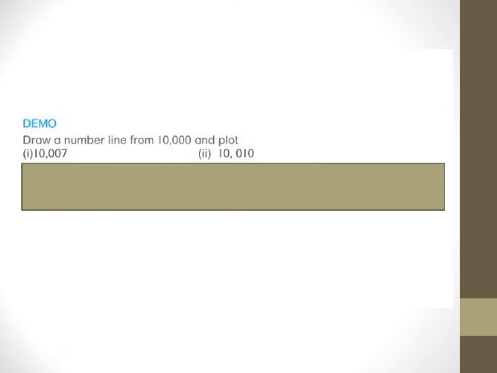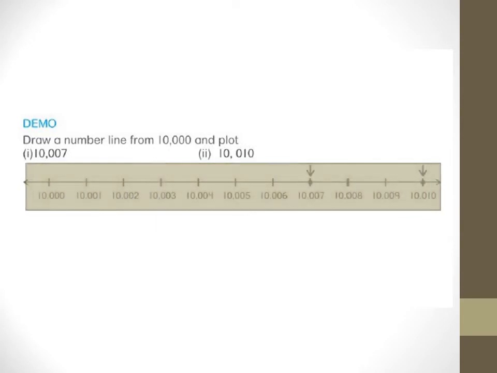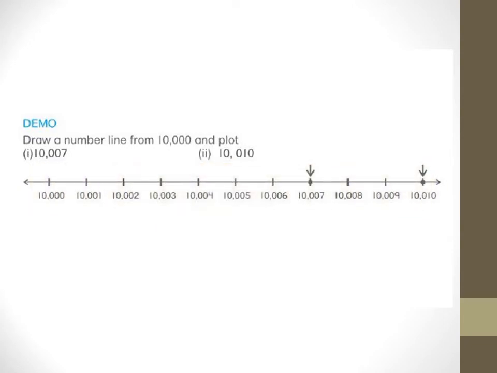Now in this demo we have to draw a number line from 10,000 and plot 10,007 and 10,010. So here we are drawing a two-sided, that means both-sided, number line.